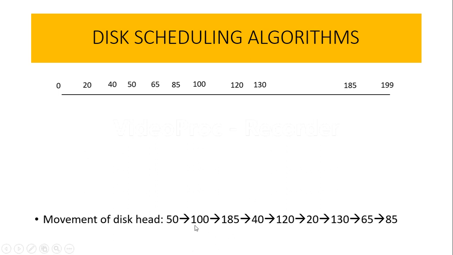Now, let us have a visual look. Initially, as we have considered, the read write head is at track number 50. From track number 50, it will move to track number 100 first, then to 185, followed by track number 40. Then it will move from track number 40 to 120.